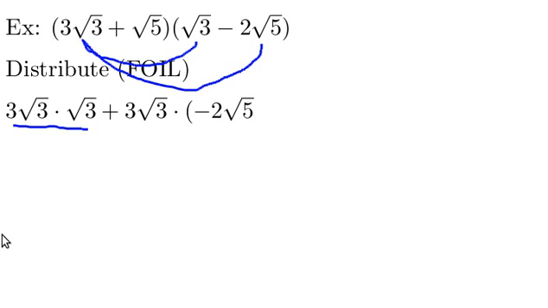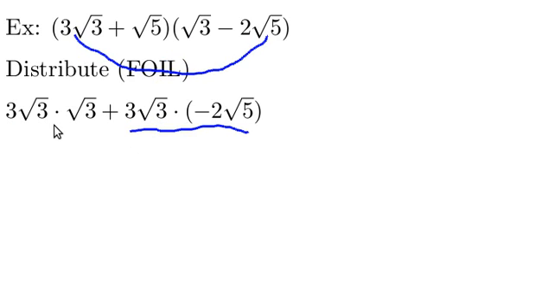Oops, I forgot the parentheses. Don't forget this negative, because you have a plus and a minus right here, so it's like plus negative 2 root 5. So this times this is equal to this. This was the first, and this was the outers.